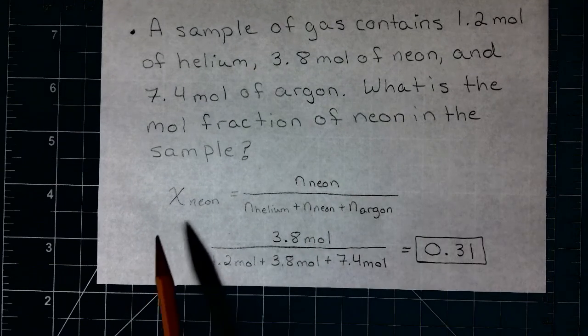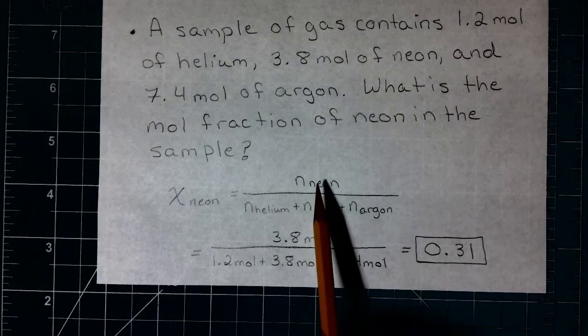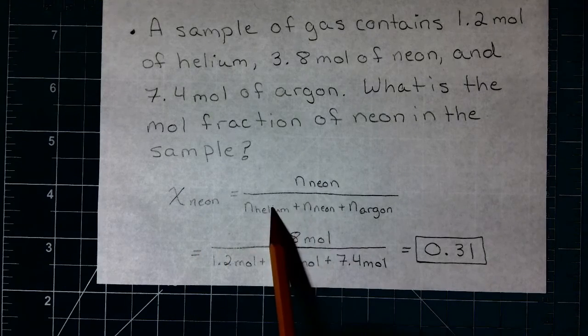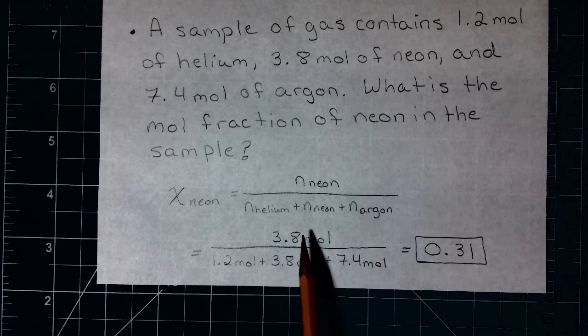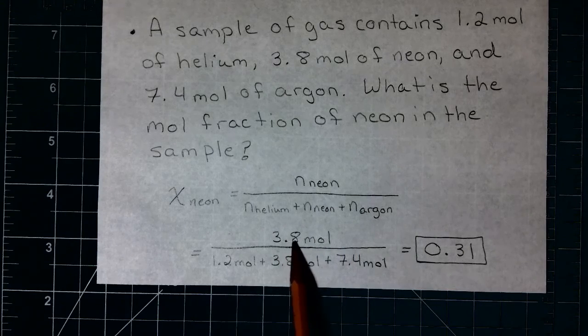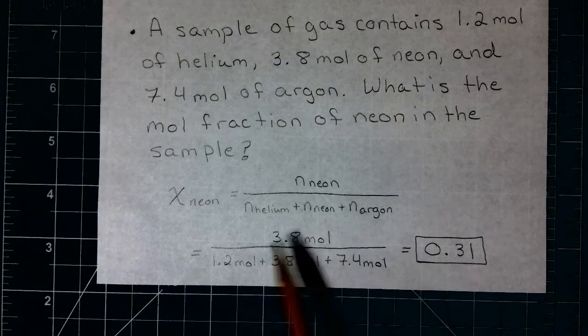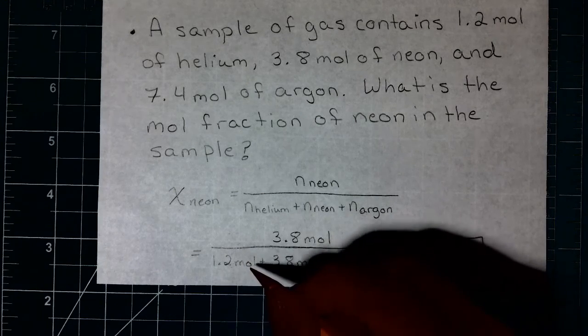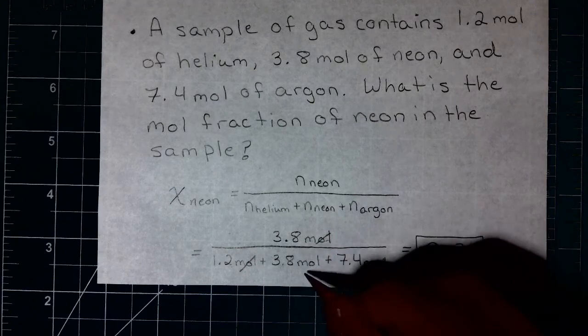If we look back to our definition of mole fraction, we can see that the mole fraction of neon is going to be the moles of neon we have over the sum of all the components, all their moles. And when we plug in those values, we get 3.8 moles of neon divided by 1.2 moles plus 3.8 moles plus 7.4 moles. We do all that math up and we'll see that we cancel all of our mole units.